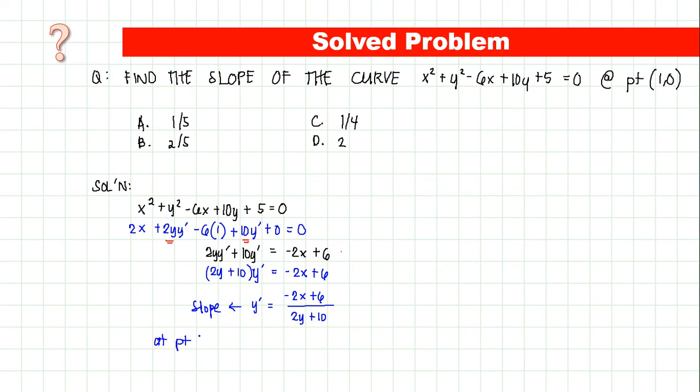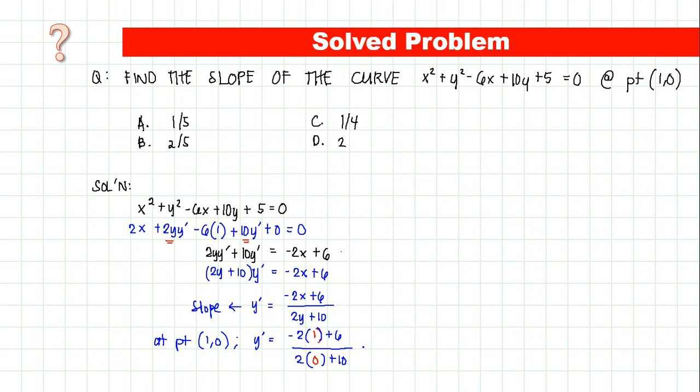And sa substitute na natin yung points natin. So, at point 1 and 0, di ba? Yung ating y prime is equal to, syempre sa substitute natin yan, no? Negative 2 times, ano yung point natin? That is 1 para sa x plus 6 over 2 times yung y natin dyan ay 0, di ba?